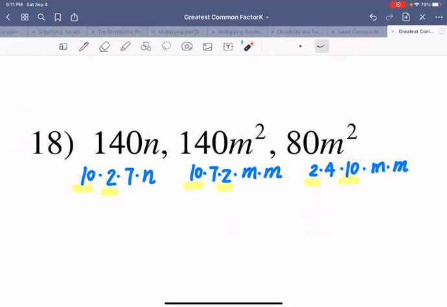And then the m. You see, this guy has mm, this guy has mm. Does this guy include mm? No. If one term does not have that mm, you cannot include it in your greatest common factor. I feel sorry for this guy, but you cannot put mm. That's it. So it's 20. Sorry, 20.